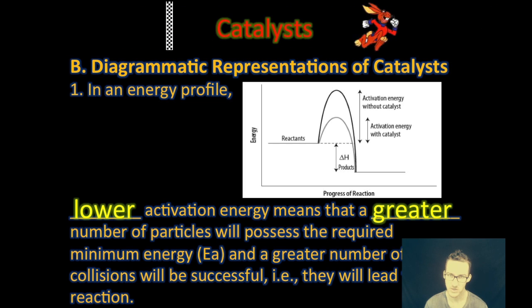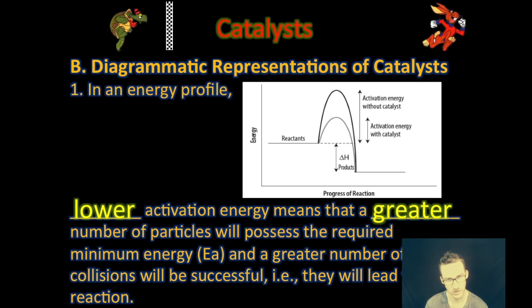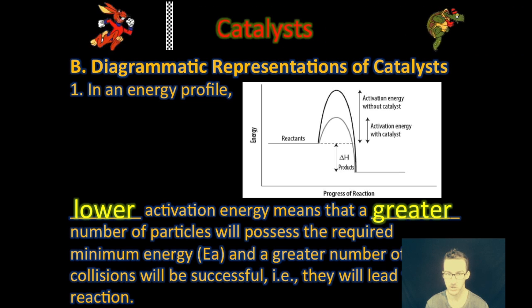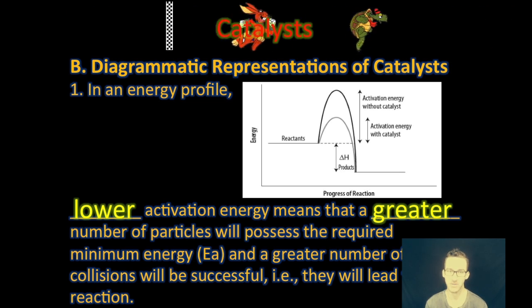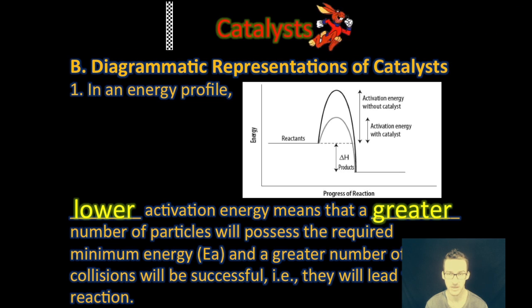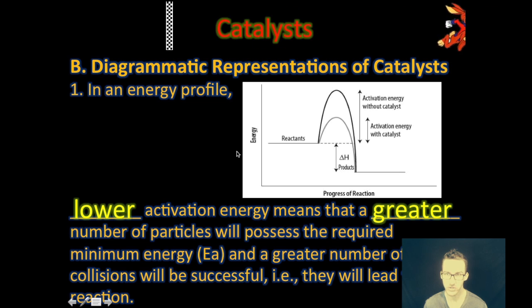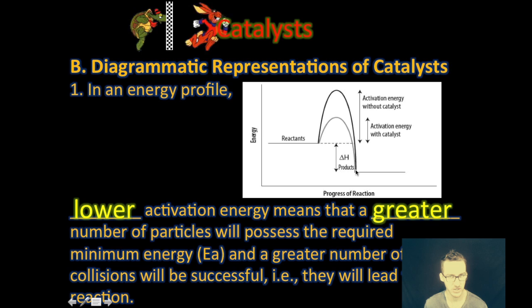So primarily, as you look at this energy profile that's in your notes, essentially it lowers the activation energy, which means that a greater number of particles will possess the required minimum energy, activation energy, and therefore will have a greater number of successful collisions that will lead to the reaction. So notice there that you've got your initial reaction pathway that has a relatively large activation energy. However, notice that with the catalyst, we have reduced that activation energy.